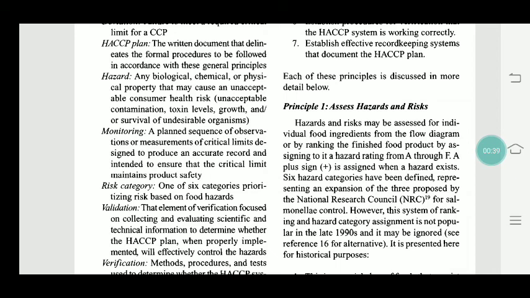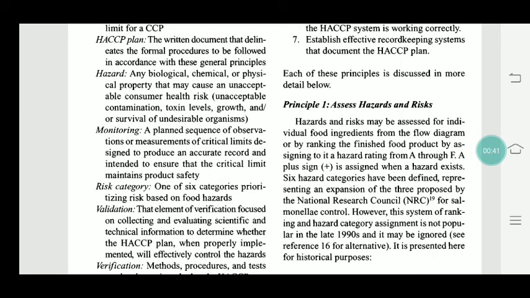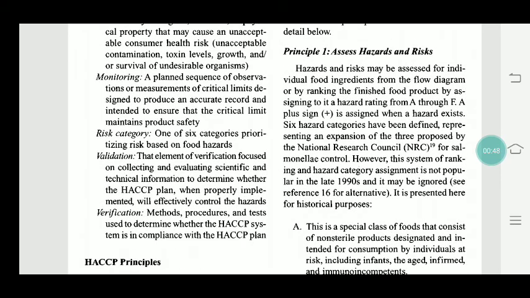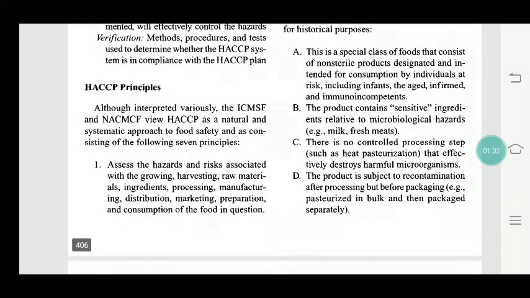Before we start discussing the principles of the HACCP plan, we are going to know about the flow diagram. In this diagram we see how the food is going to be processed and which steps are given there.